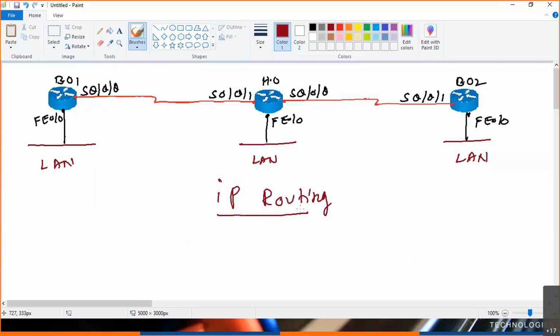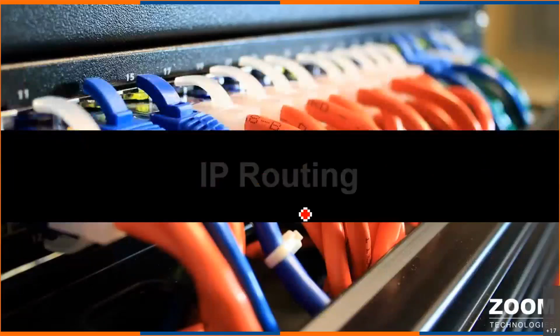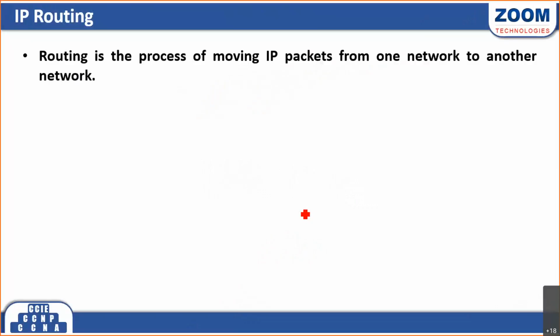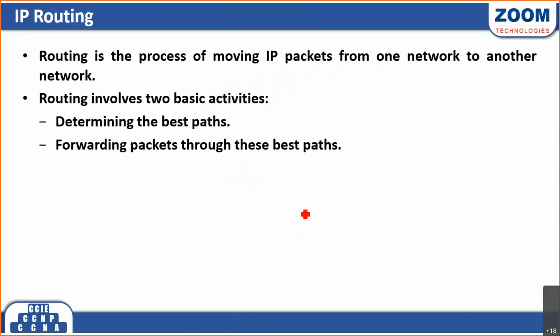The first is finding the best routes to reach a destination, and the second is forwarding packets through these best routes.